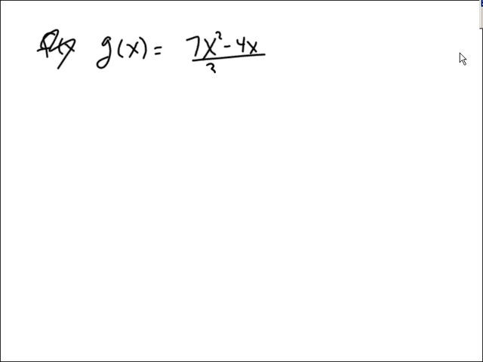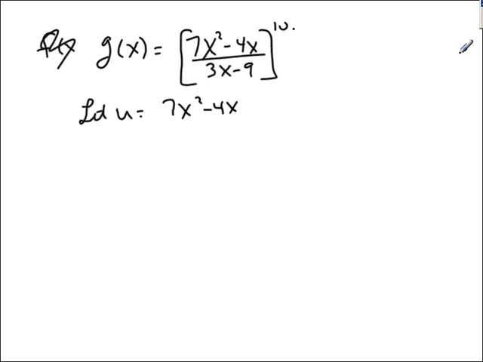Alright, so suppose I tell you that g of x is equal to 7x squared minus 4x over 3x minus 9, and all of this is to the 10th power. Call u the base. So let u equal 7x squared minus 4x over 3x minus 9.